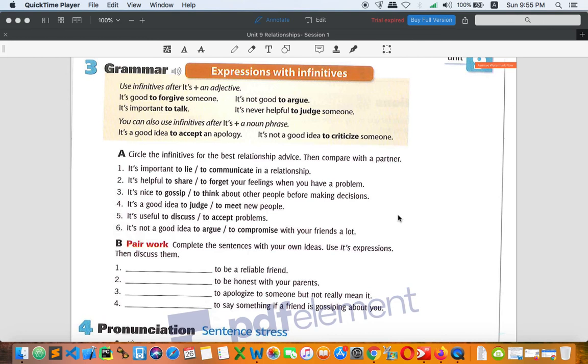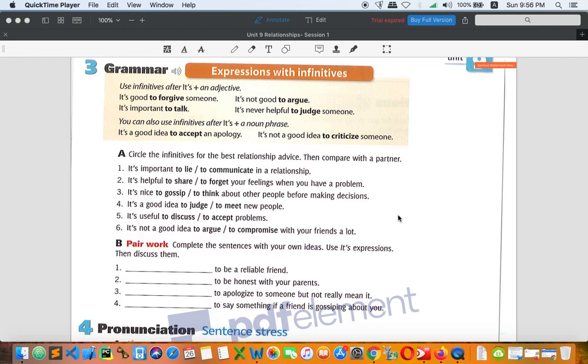To me, it's a good idea to meet new people. Why? Because we can learn many different things from new people. As you can see, new people bring us new experience, new lessons in life, new opportunities as well. So I prefer to meet, not to judge.